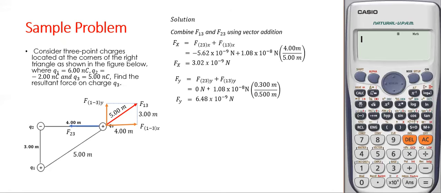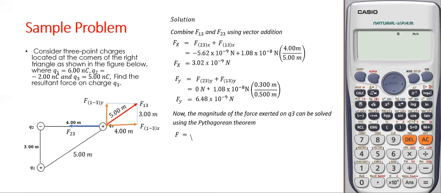Now that we have the summation of forces along x and along y, we can now calculate the magnitude of electrostatic force or electric force exerted on Q3 by using Pythagorean theorem. And that is force is equal to square root of summation of forces along x squared plus summation of forces along y squared. Now let's plug in the values.